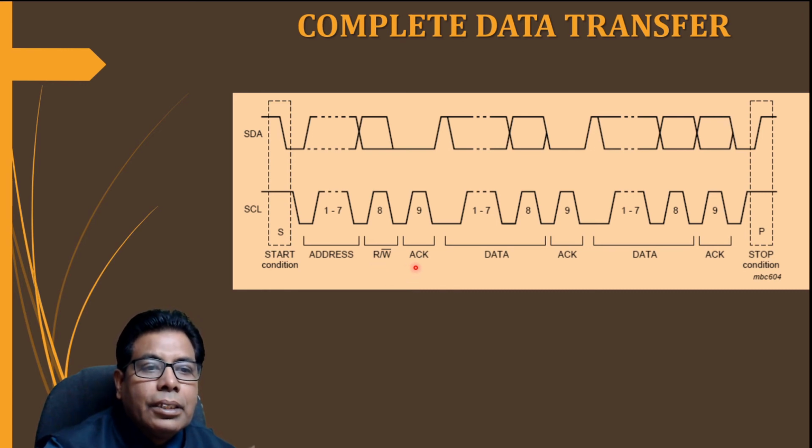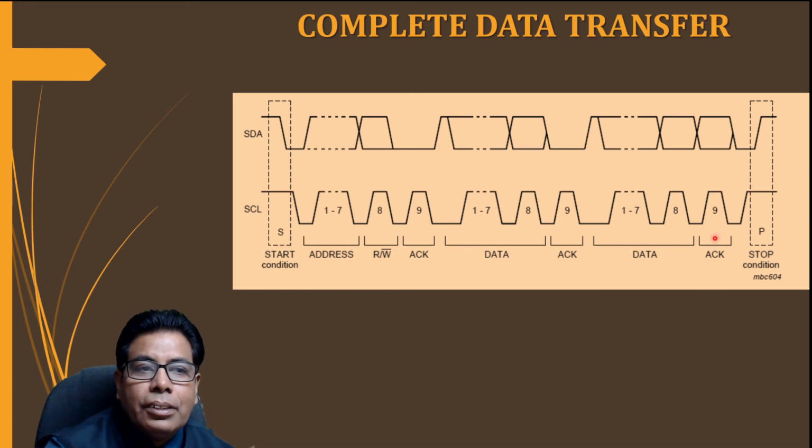And then we have the acknowledgement, it will be the 9th bit. And again we have the address, then the RW bit, or if the data is 8 bit, we will have all 8 bits of data. The 9th bit will be the acknowledgement, again 8-bit data and again acknowledgement.